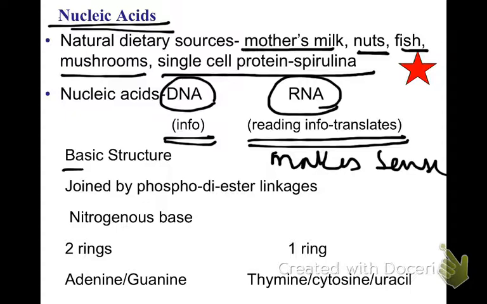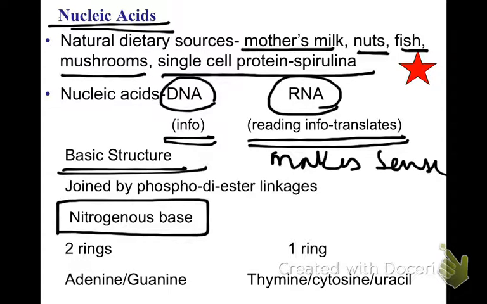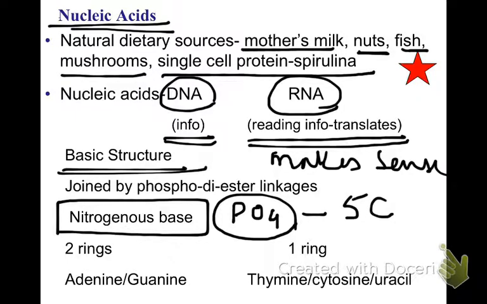The basic structure has certain components, that is a nitrogenous base, a phosphate group, and a 5-carbon pentose, that is sugar.